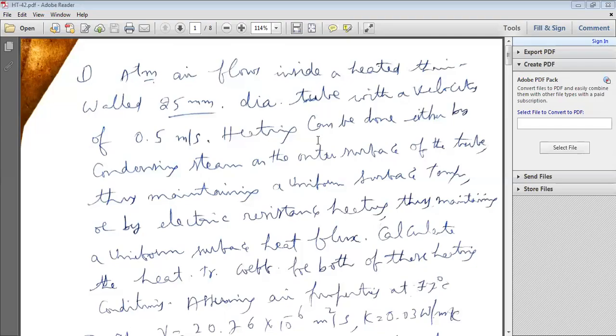So all of you join fast. Only 32 students joined. What about other students? Those who are present in the class, give a message to other students through WhatsApp so that other students also join the class.